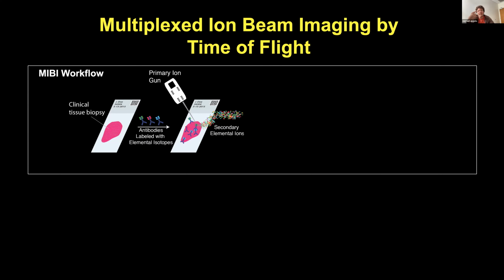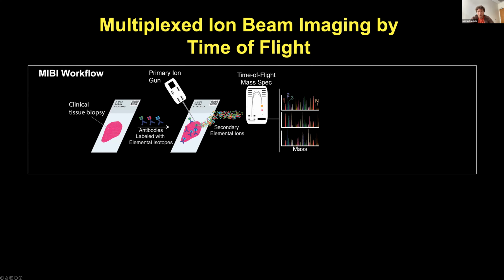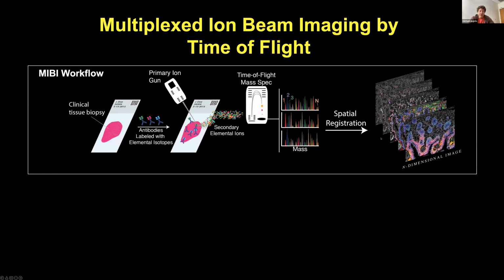While the beam's sitting there, it's sputtering or eroding the sample and liberating the material that's part of the tissue as secondary ions. The secondary ions contain those metal reporters that are on the antibodies, and those are transported to a time of flight mass spectrometer. Ultimately, by being able to quantify all of those reporters in every single pixel, we get these n-dimensional images where n is the number of antibodies that you have in the panel.